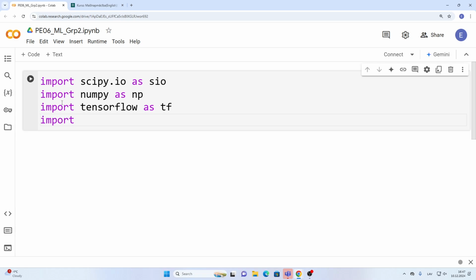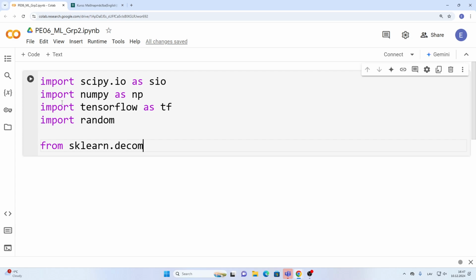So we also are going to need some random number generator to shuffle our data a little bit, and also some additional tools like principal component analysis, which belongs to sklearn: from sklearn.decomposition import PCA, or principal component analysis for short.